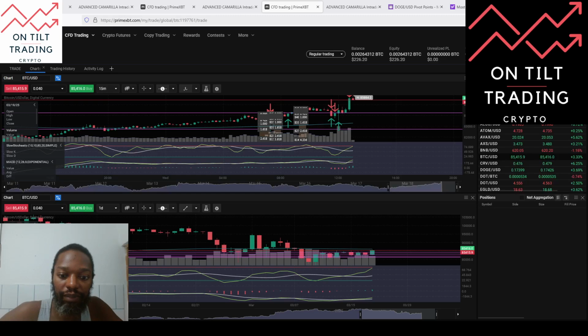Sellers have momentum, and the MACD is below the average. But following this day, the slow stochastic starts to curl up, makes the cross here, and makes its way to this overbought condition.